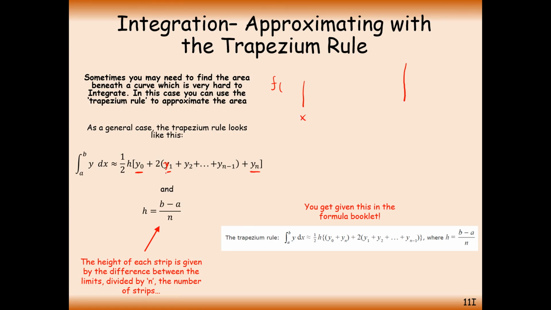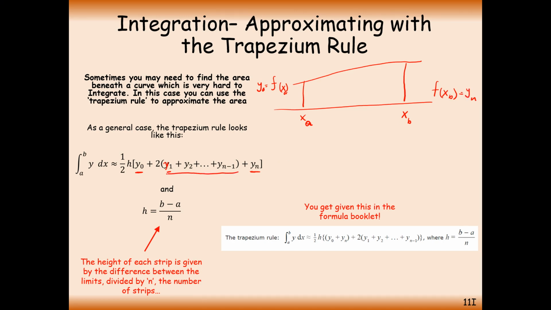This y naught comes from evaluating at x naught, the lower boundary for x, and the higher boundary for x. Evaluating the function at xa will give us what y naught is. Evaluating the function at xb, the very rightmost value for x, will give us what yn is.